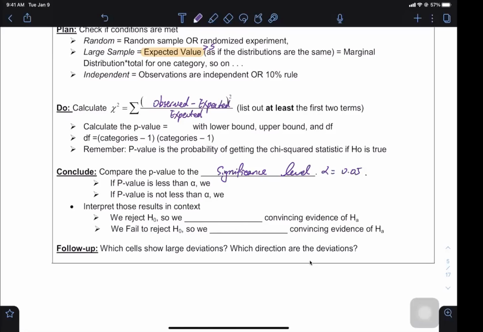If the p-value is less than alpha, we reject the null hypothesis, so we do have convincing evidence. And if the p-value is not less than alpha, we fail to reject H0, so we don't have convincing evidence.